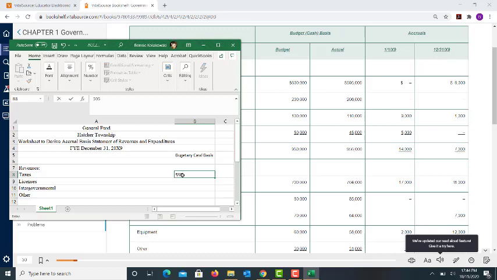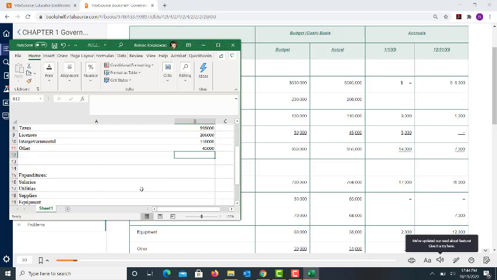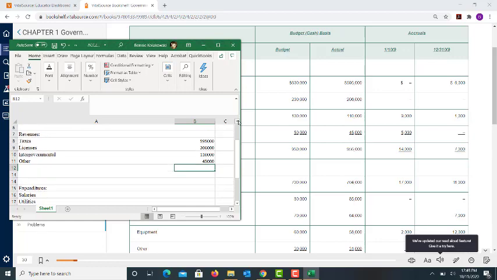So taxes, $595,000, $206,000. For licenses, $110,000. And then for your others, $45,000. We will go ahead and subtotal these amounts.